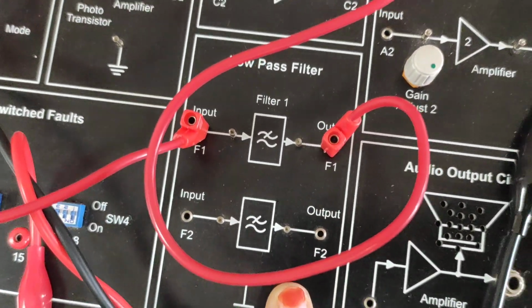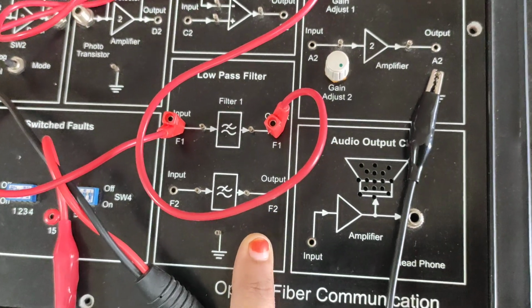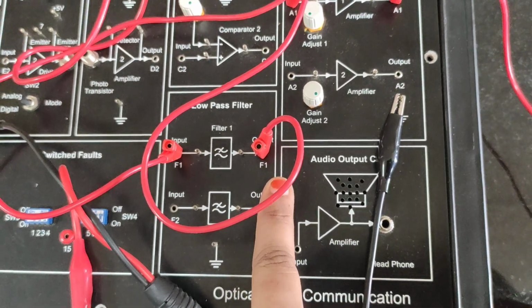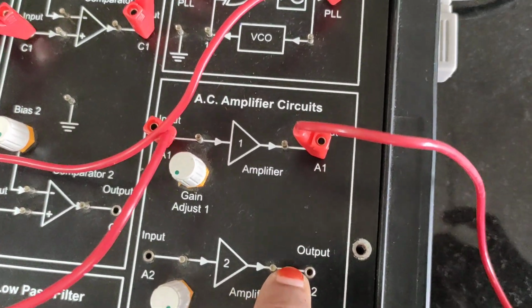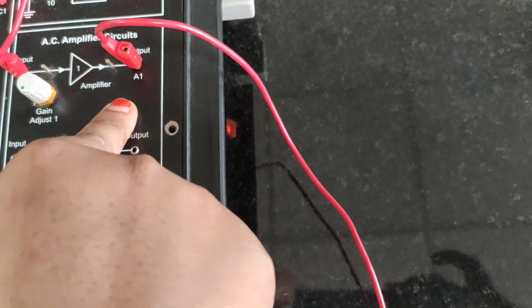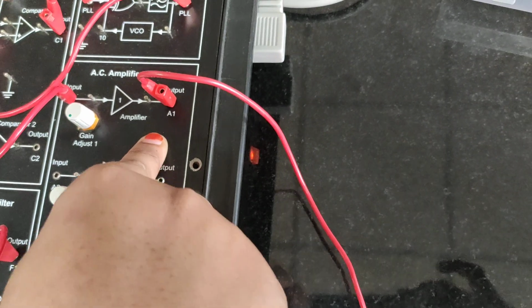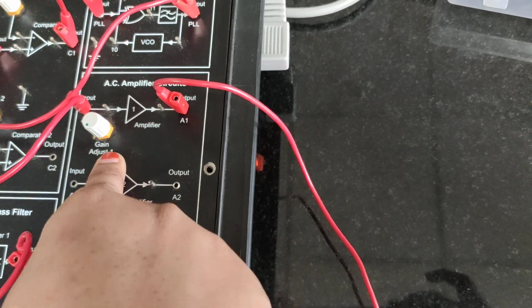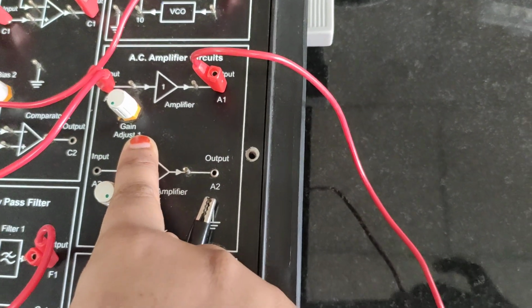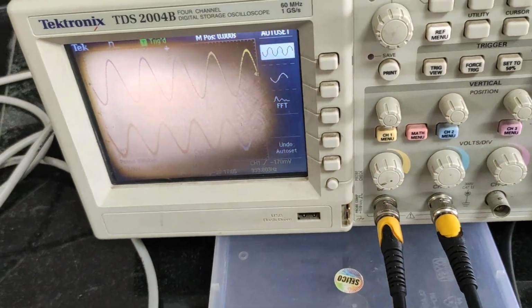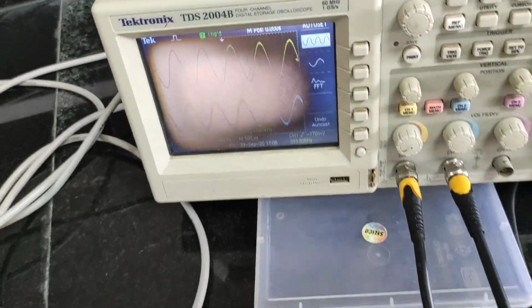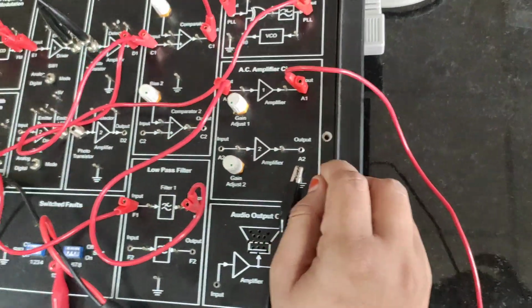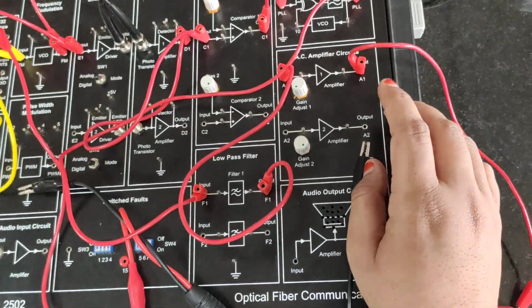Over there, the higher order frequency components get removed, and from the low pass filter, we need to give the input to the AC amplifier circuit to increase the amplitude of the received signal by adjusting the gain of the AC amplifier circuit. Then we need to observe the output at the AC amplifier output and see the output on the DSO. Okay, so let's measure the output at each and every block.